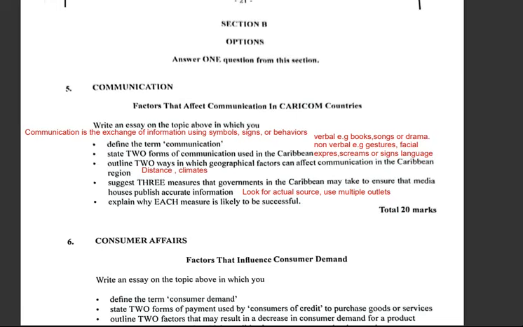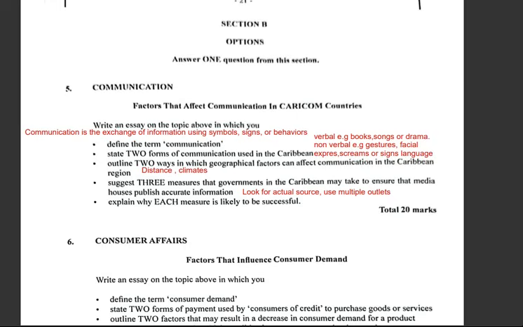So if we are referring to geographical factors that can affect communication in the Caribbean, we refer to distance. And distance would be in the location. Different locations, for example England.